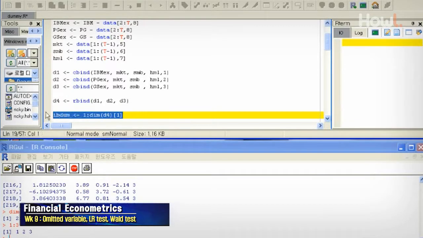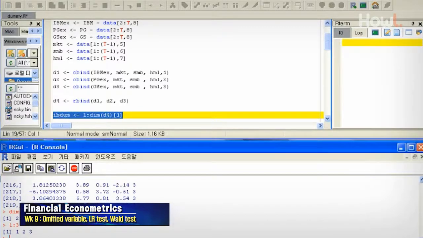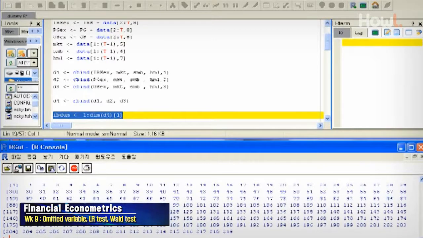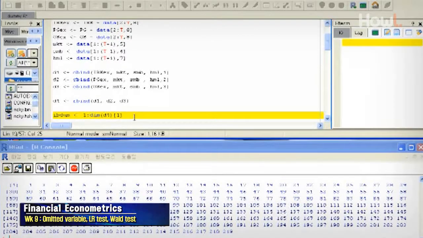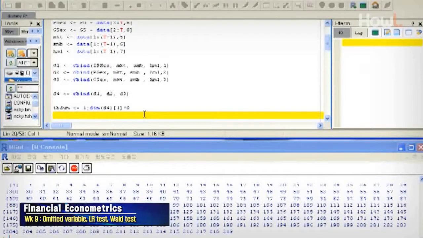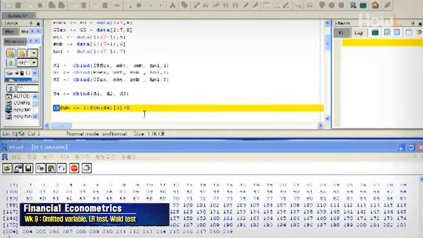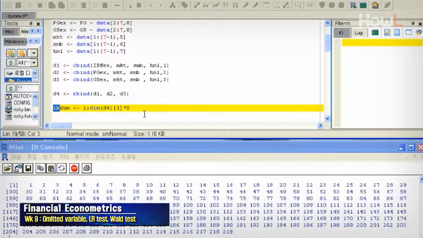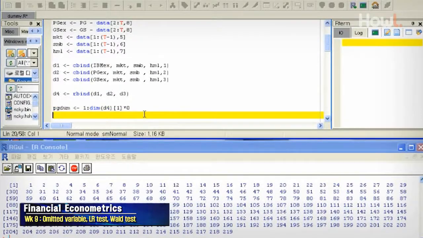Okay, if I do this, so 2, okay, this is correct, and then multiplied by 0, okay? And then actually, instead of creating 3 dummies, because we need only 2 dummies, I will create 2 dummies only. Okay, so PG dummy and then GS dummy, which is basically I copy PG dummy.